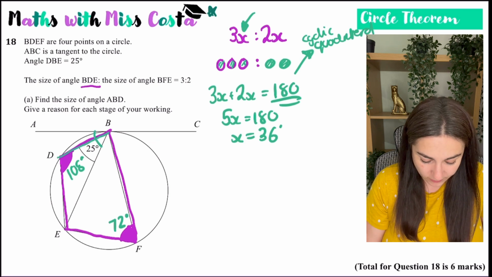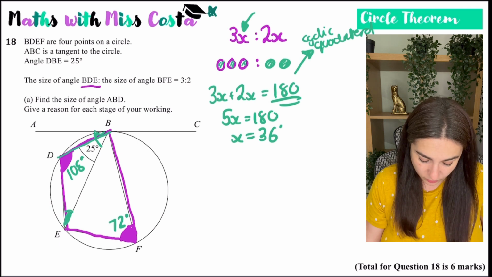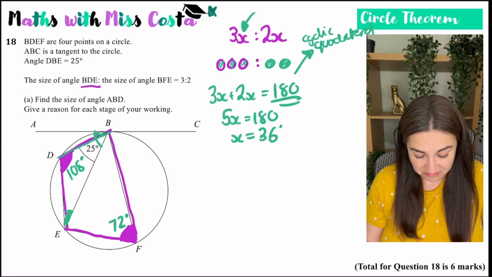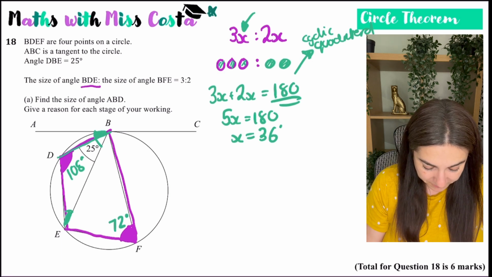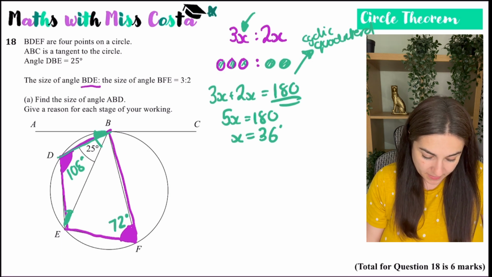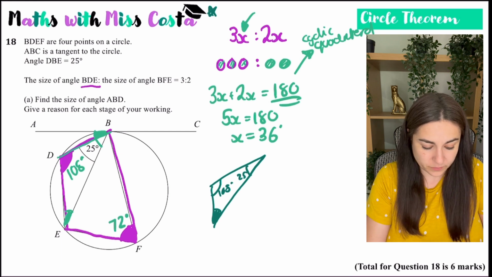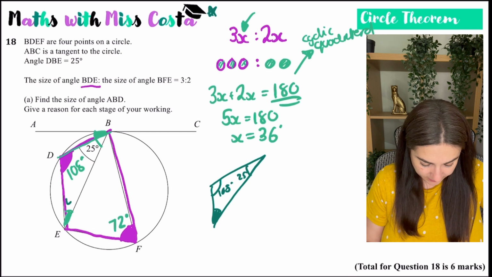So this is a chord, and this little angle here must be equal to this little angle here, and I could go about that way if I wanted to. Yeah, why not? Let's go about that way. If I just took this triangle out, I know that this is 25 degrees, this is 108 degrees, so I could work out what this is by doing 180, take 108, take 25 equals 47.